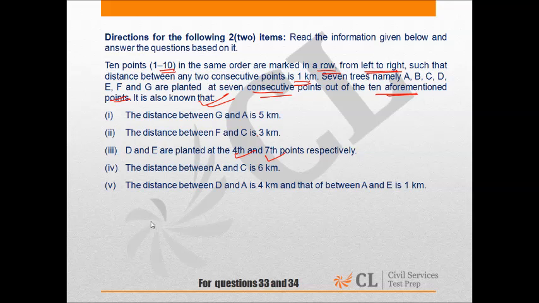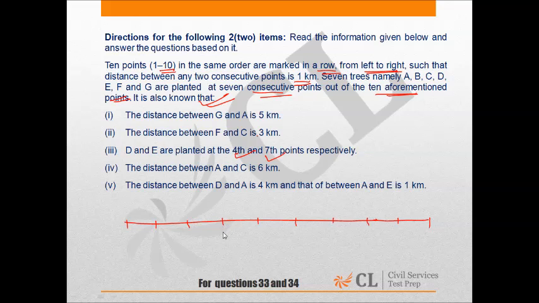Let us suppose these are 10 points 1, 2, 3, 4, 5, 6, 7, 8, 9 and 10. Now from the third statement it is given that D and E are planted at 4th and 7th point respectively.